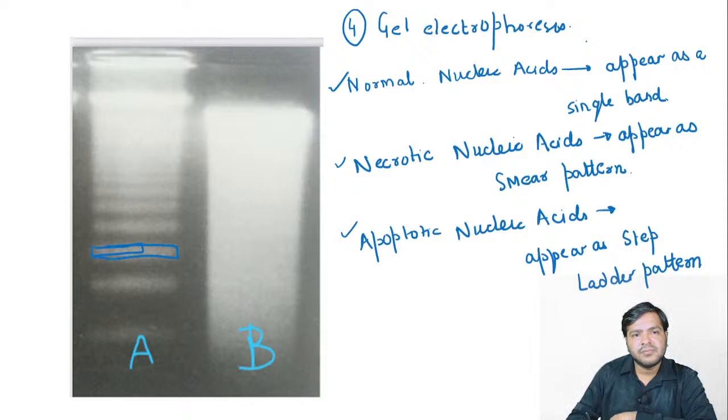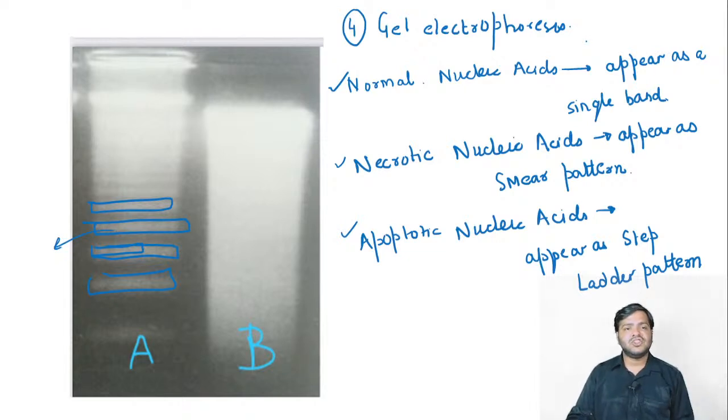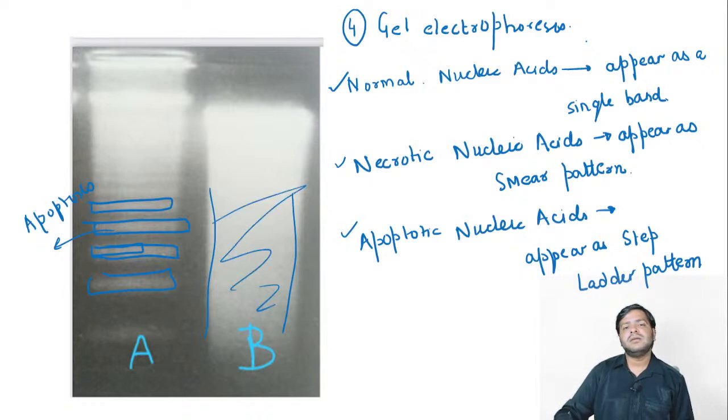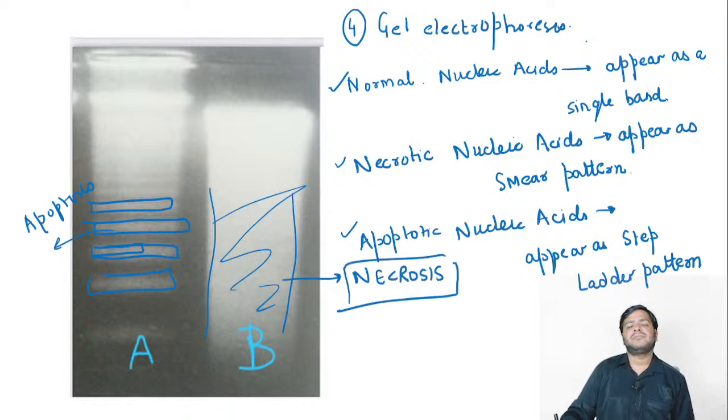This step ladder pattern indicates the nucleic acids in gel electrophoresis. If they are showing you this type of step ladder pattern, it clearly indicates this is apoptosis. And if it is just coming like a smear, it is necrosis.